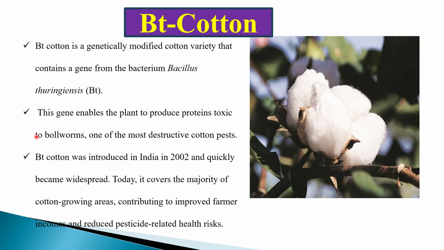You have to remember that cotton bollworm is the main pest which attacks the normal cotton crop. BT cotton was introduced in India in 2002 and quickly became widespread. Today it covers the majority of the cotton growing areas, contributing to improved farmers' income and reduced pesticide-related health risk.